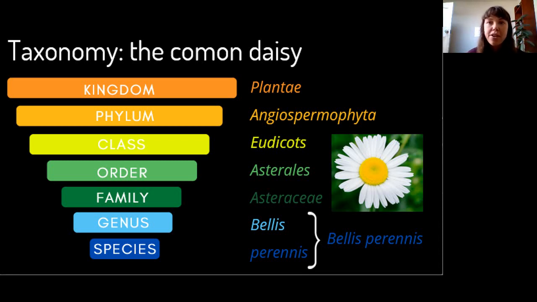In case you don't know, it's the genus and species name together that give us the full scientific name for an organism. So this scientific name is unique only to that species. So for daisy, it's Bellis perennis, and for human, it's Homo sapiens.